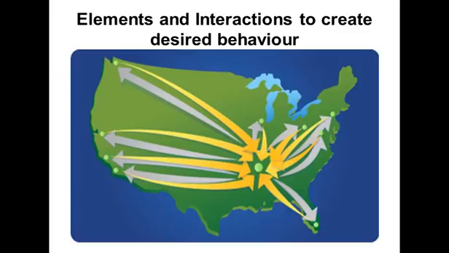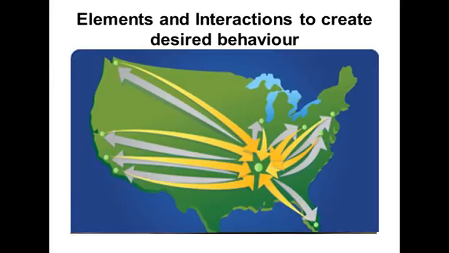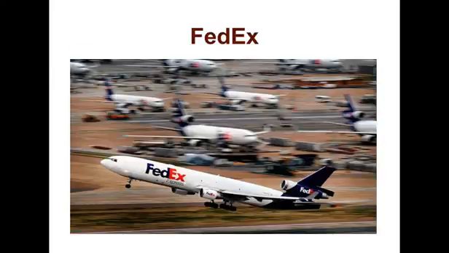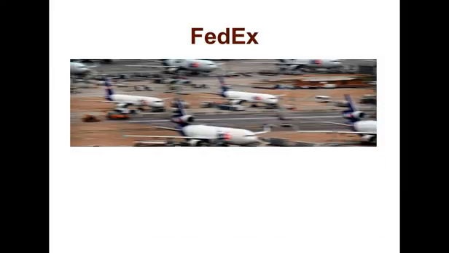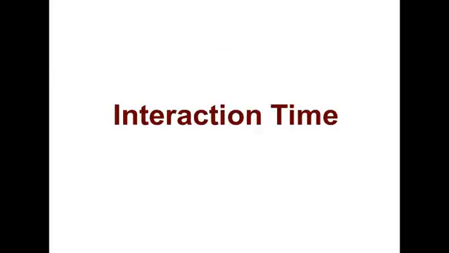For example, I'll show you a successful example of an architectural design. In the United States, there is a company called FedEx, which is Federal Express. It's a courier company, and it is known for delivering your items overnight. America is as big as India, in fact geographically much bigger. But if you look at the map here, there are some arrow marks coming to a center of America.